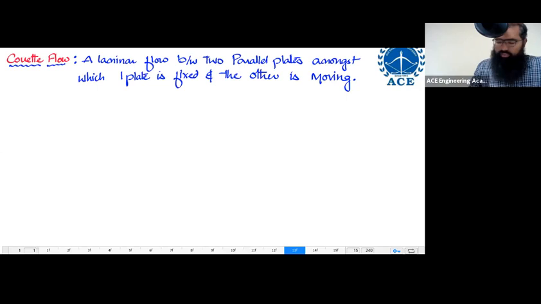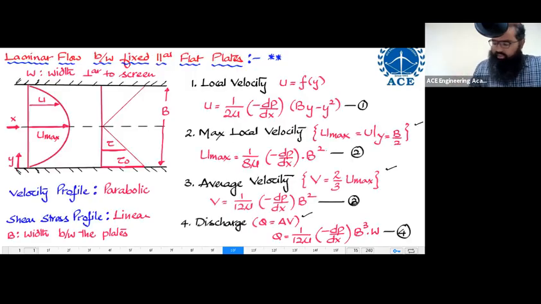Before I start writing, take a rough paper and write down the formula for average velocity, the formula for discharge, and the formula for local velocity. This is laminar flow between fixed parallel flat plates.